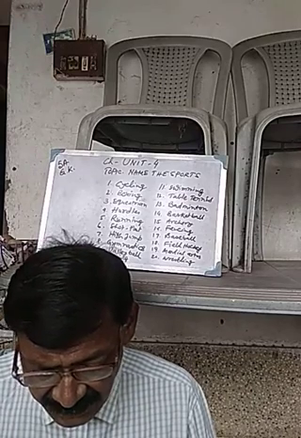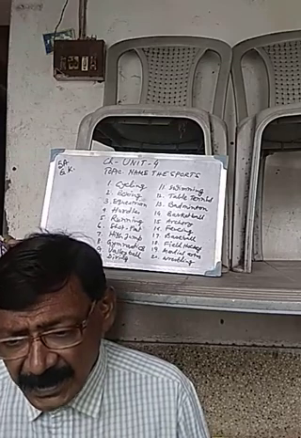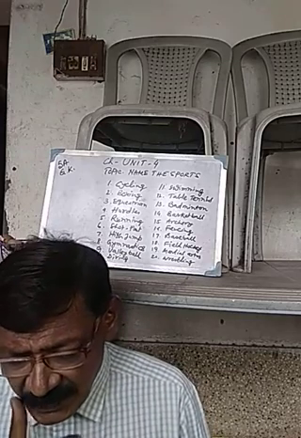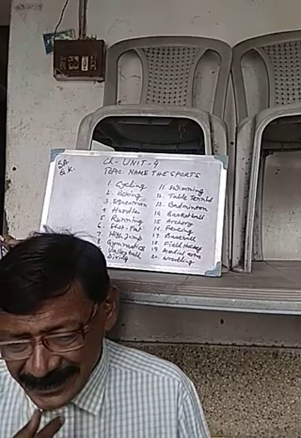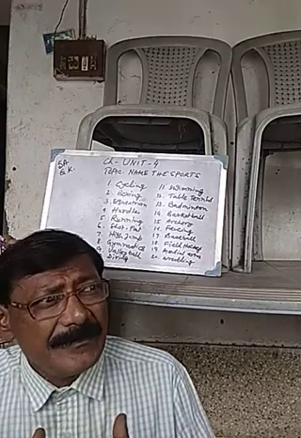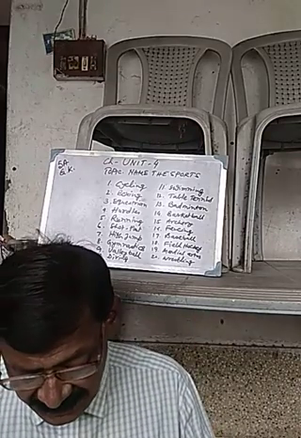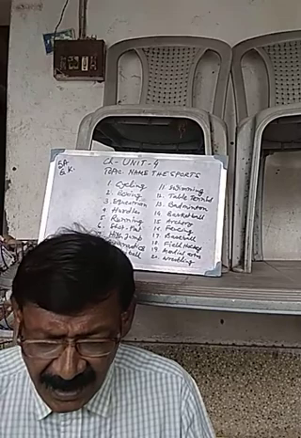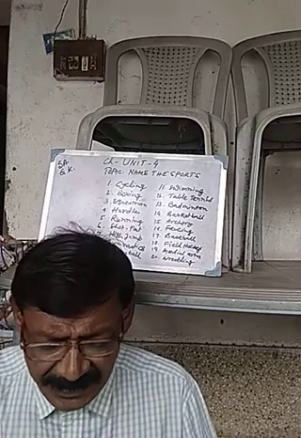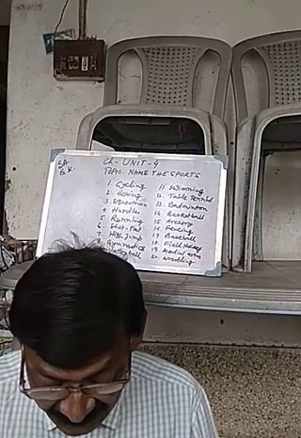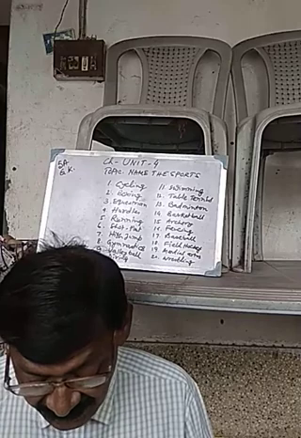That means a person holds two rings, and with these two rings, the person swings from there. This is known as gymnastics. Gymnastics has different types, different systems, different shapes. But this system is gymnastics.